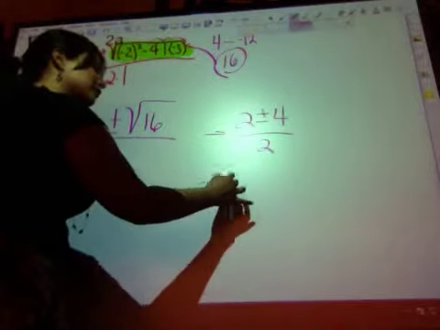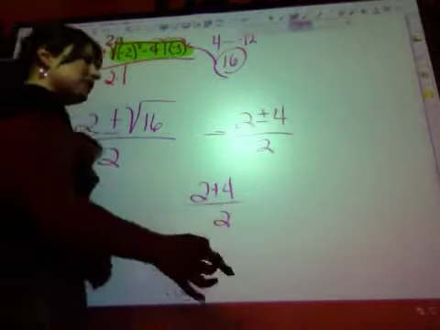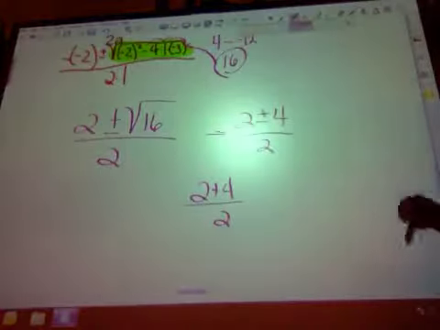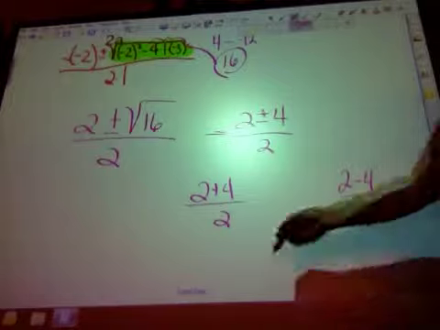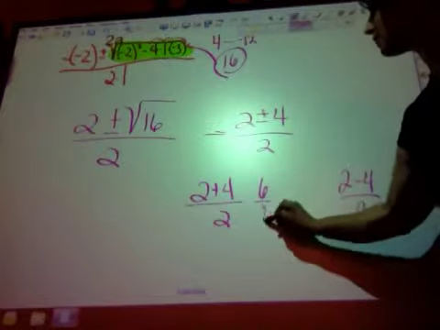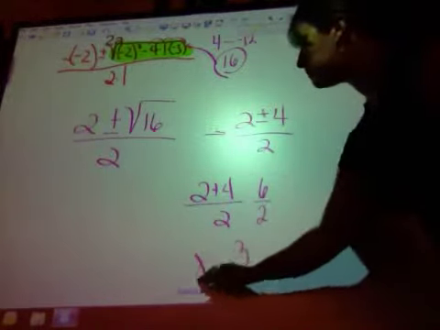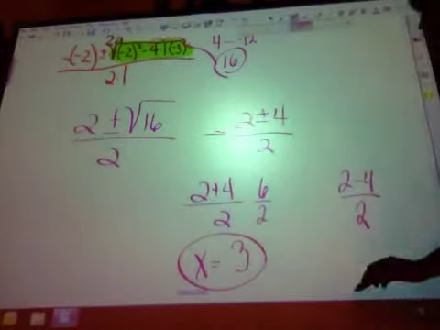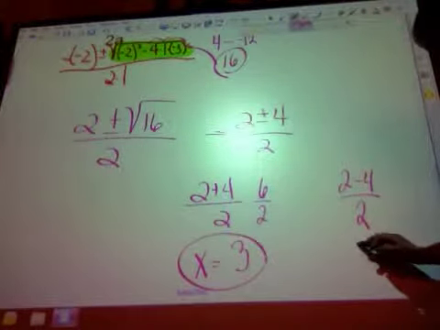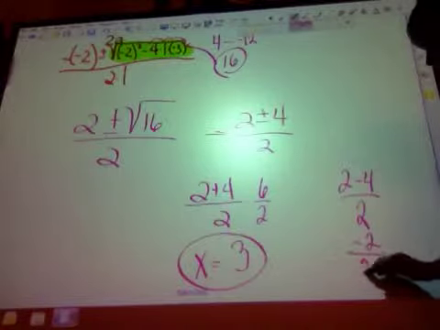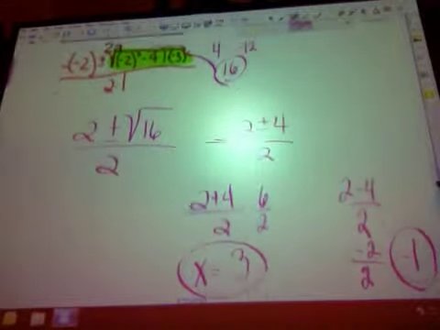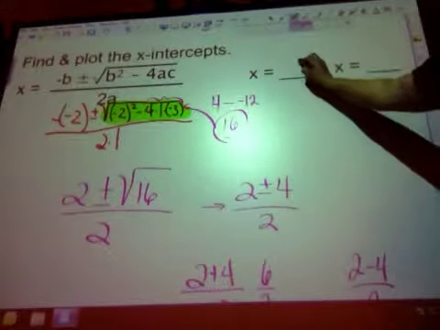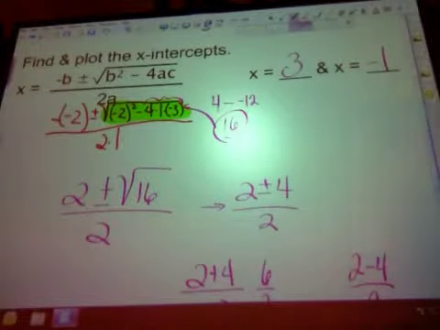One of them will be 2 plus 4 divided by 2. The other one will be 2 minus 4 divided by 2. So we just simplify. 2 plus 4 is 6. 6 divided by 2 is 3. Over here, 2 minus 4 is negative 2. Negative 2 divided by 2 is negative 1. So our x-intercepts are going to be 3 and negative 1.